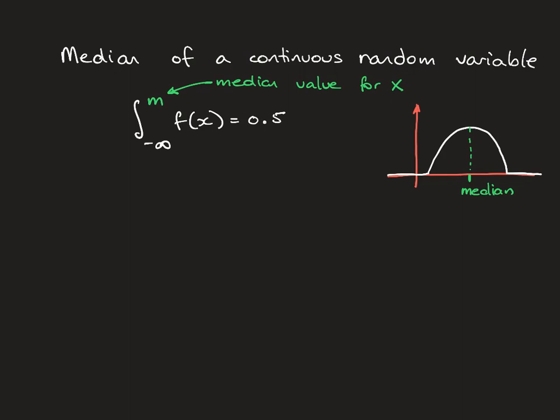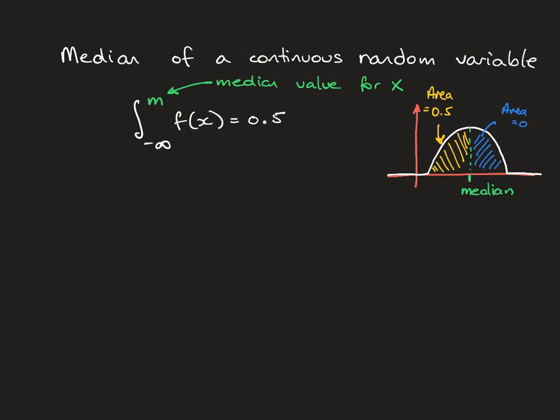So it's quite easy to see for the one that I've drawn. We're going to use the area to help us to find it. So this area here is 50% or 0.5. So the area equals 0.5. And on the other side, we have 50% of the data. So that area equals 0.5.